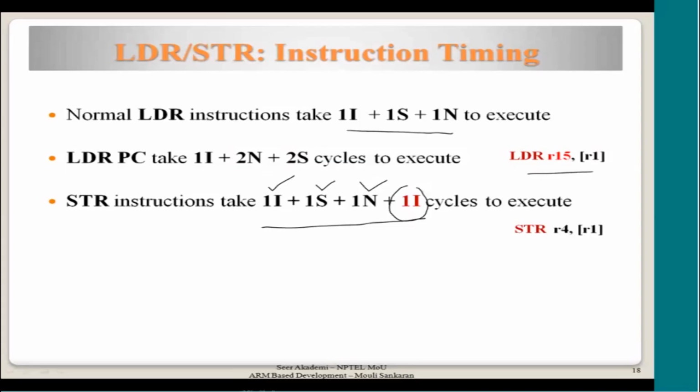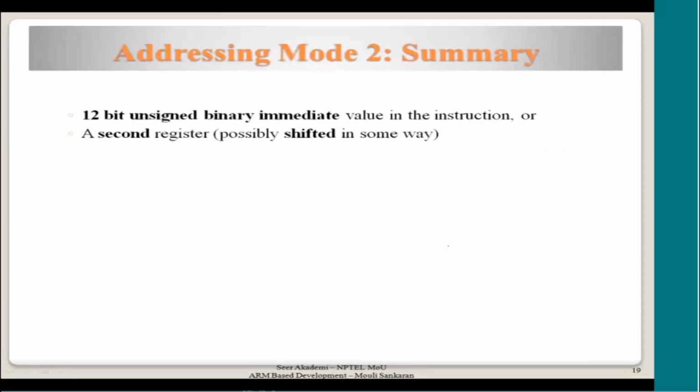This is due to the store. Because a store operation is involved, the data value has to go out, so that takes care of this additional cycle involved in storing the value, because the data path is consumed for loading that value to the data bus. Okay, so this ends the summary.